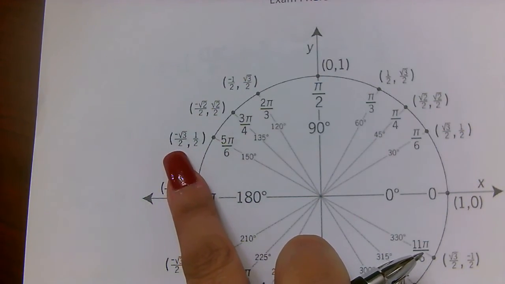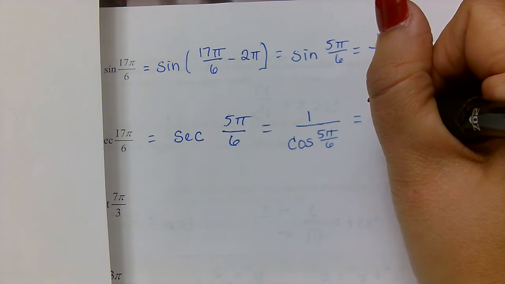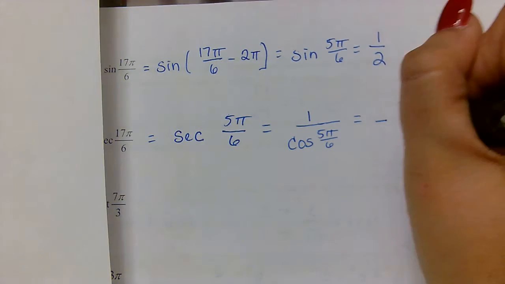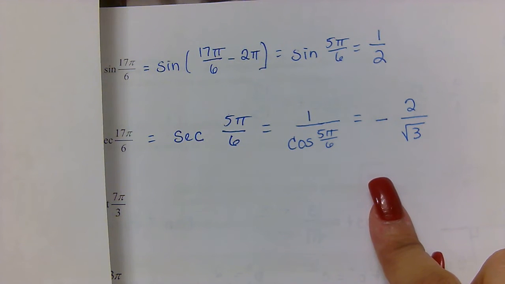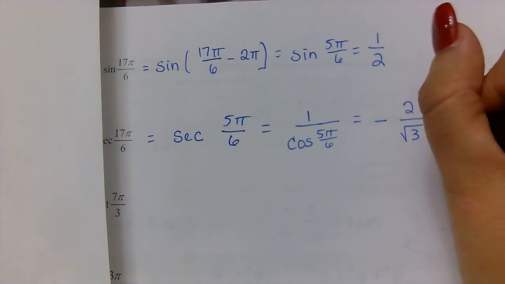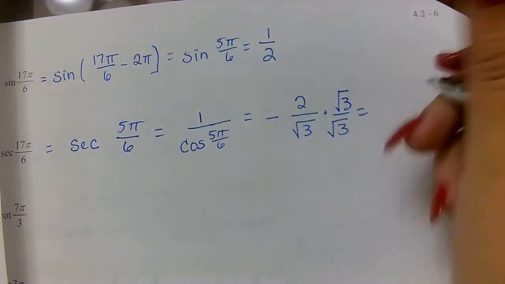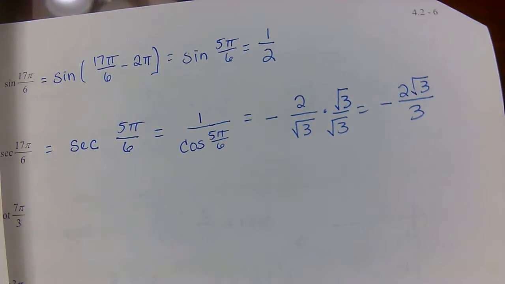So I'm going to take this value and I'm going to flip it. So here we're going to have negative 2 over the square root of 3. Never ever leave it non-rationalized. Go ahead and rationalize the denominator. So in this case you'll have negative 2 square root of 3 over 3.